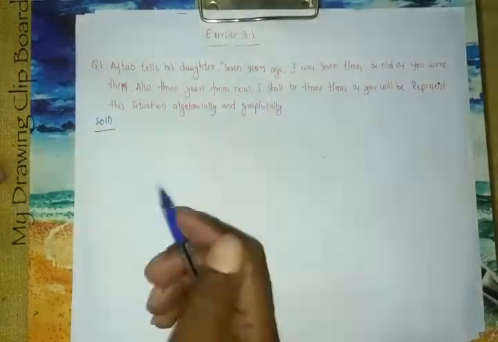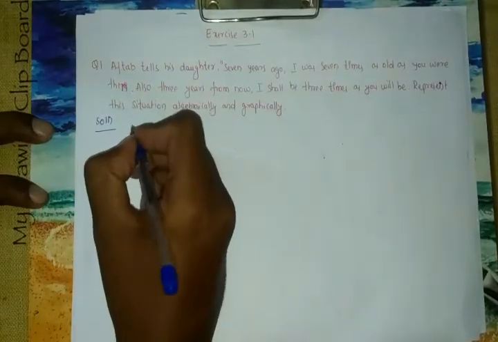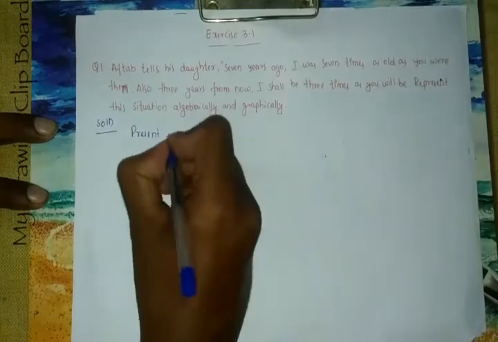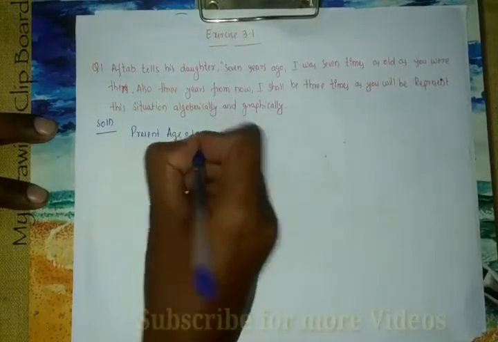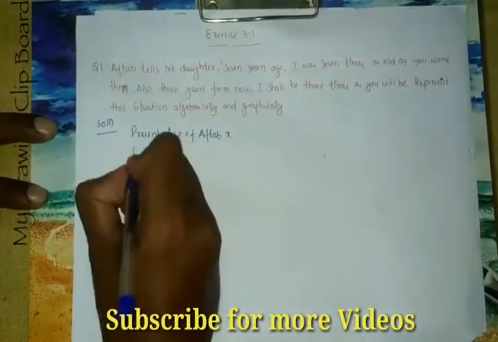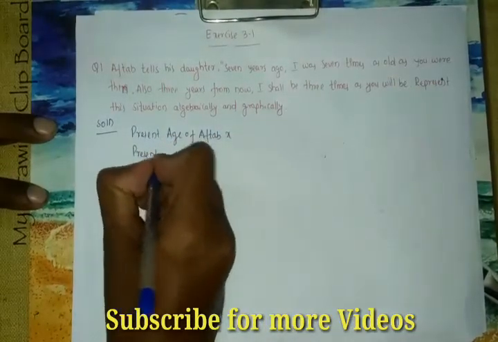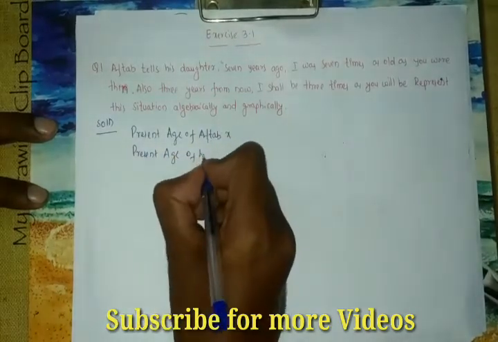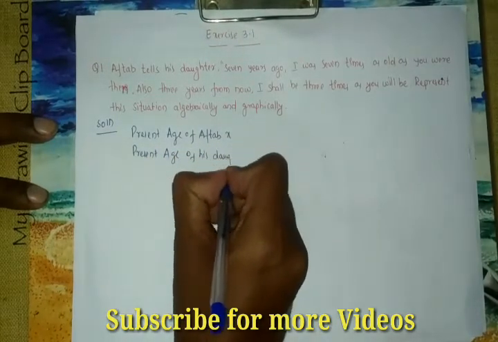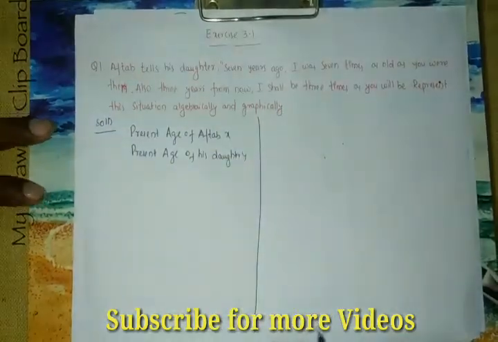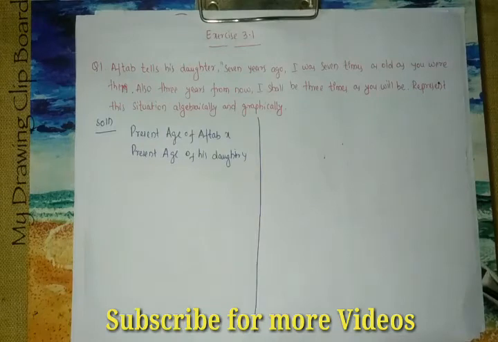So here I will represent the present age of Aftab as x and the present age of his daughter as y. So the first step is to identify which is the variable in the question.